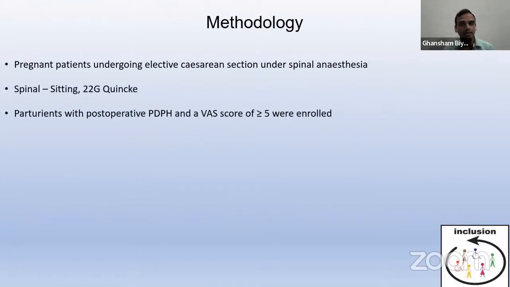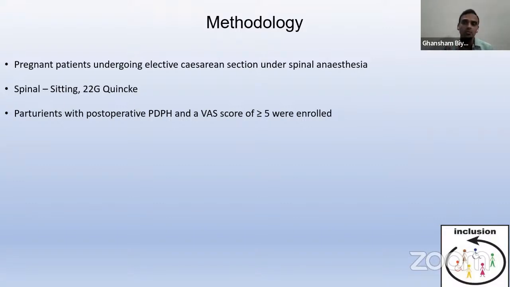And what they have done in this RCT is that they have performed elective cesarean sections using spinal anesthesia. Spinal was performed in sitting position using a 22 gauge Quincke needle. And those patients who developed PDPH in the postoperative period, they assessed their VAS score. Those patients who were having a severe headache with a VAS score of more than 5 were enrolled into this study.